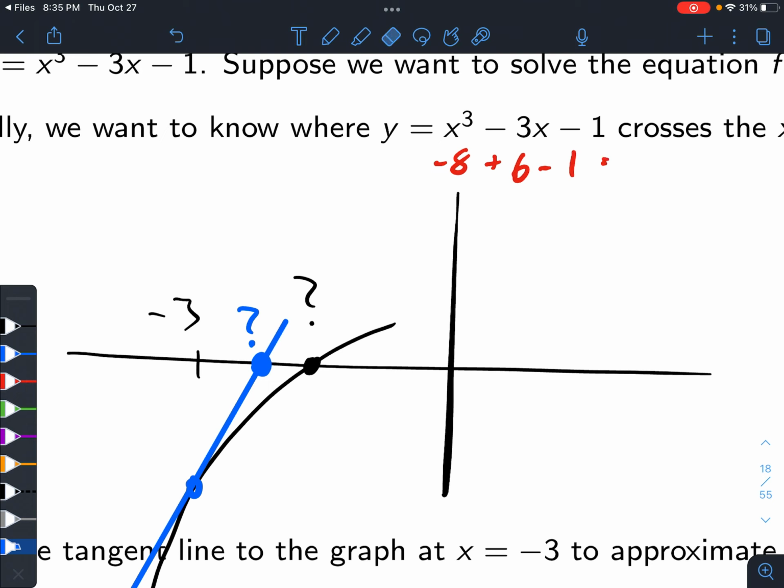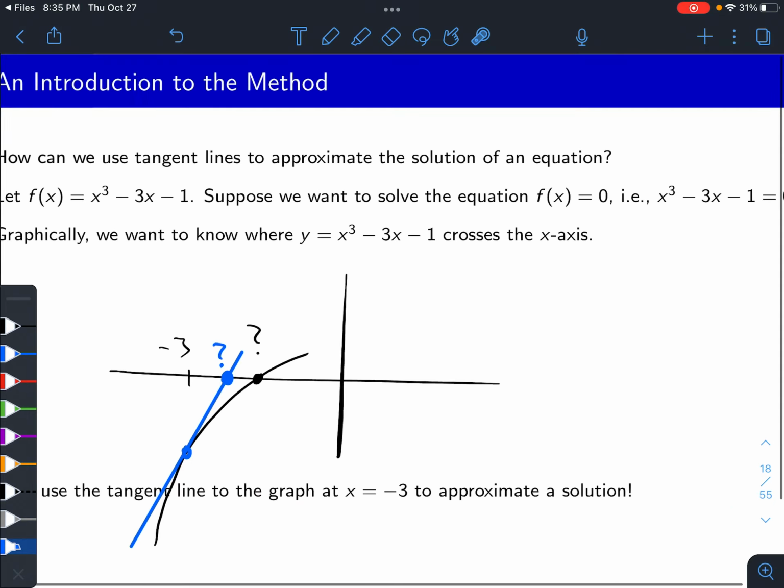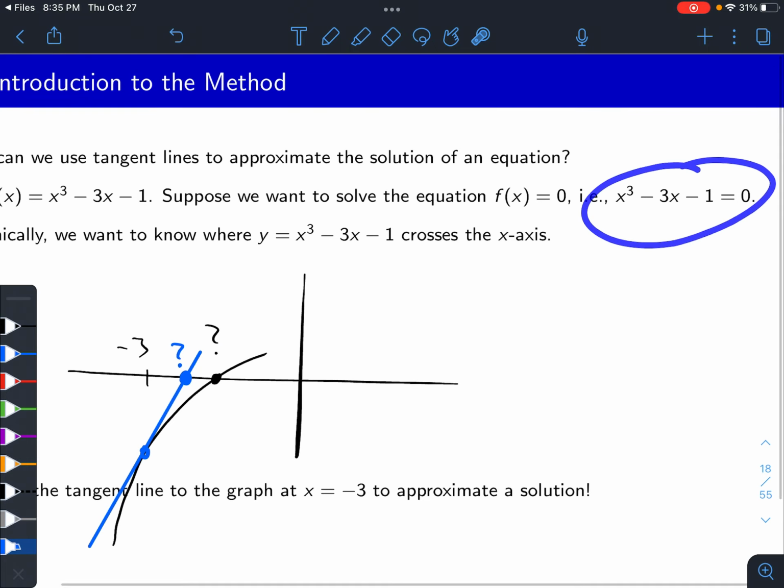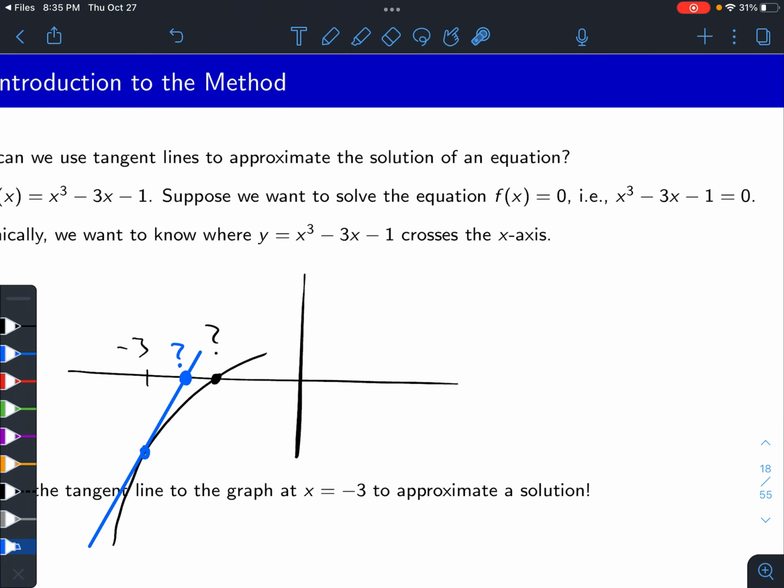That's not even close to 0. So basically what I'm trying to do in my head right now is come up with a guess for a solution to this equation, and maybe this guess would be pretty close to a solution. If I were to plug in -3 or -2, it's not going to be that close to spitting out a 0 here.